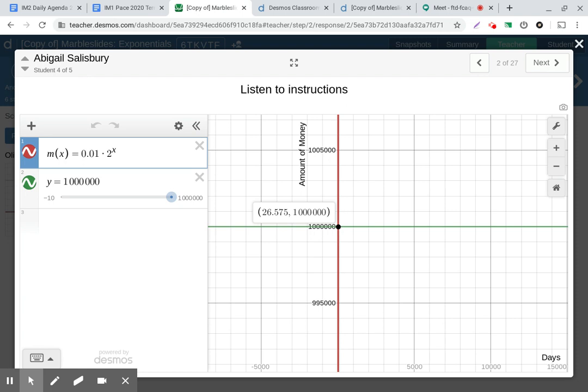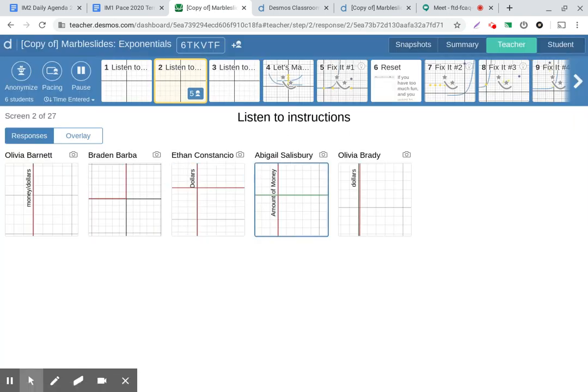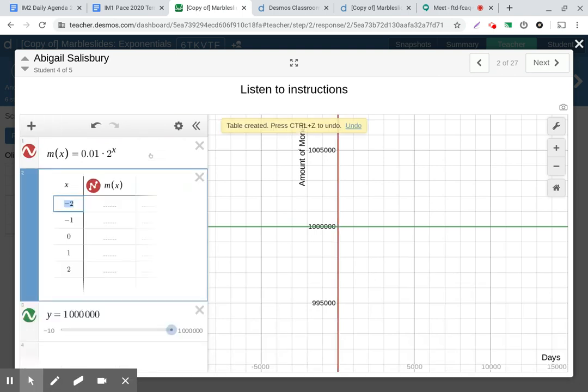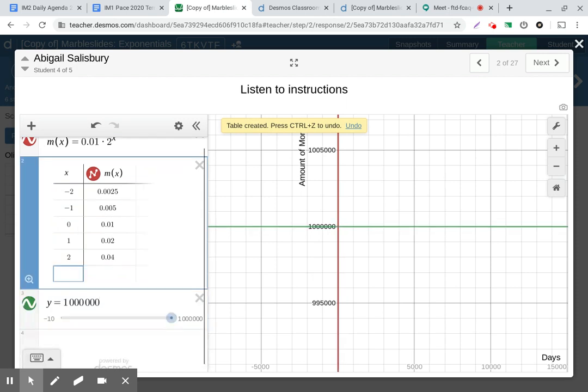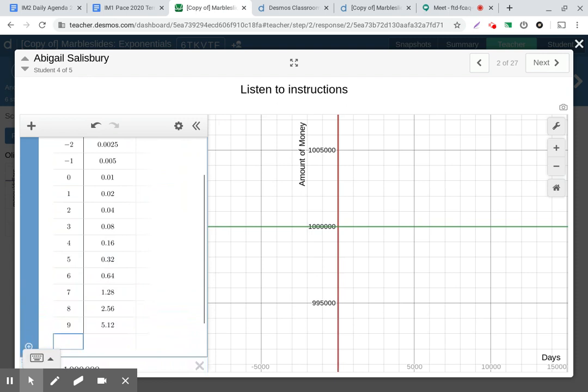Watch this. Click on the thing, and then press the gear, and then put table. And then you can actually type 3, 4, 5, 6, 7, 8, 9, 10, 11.